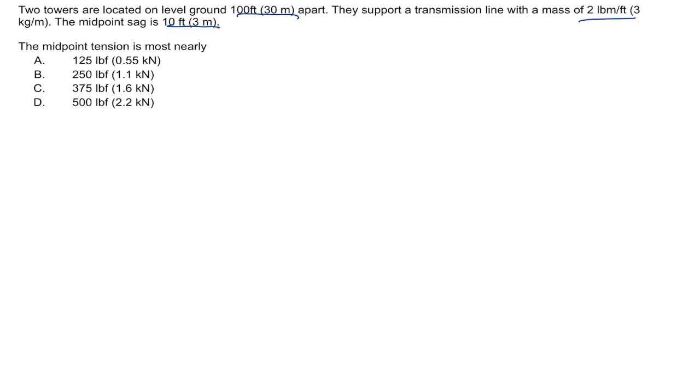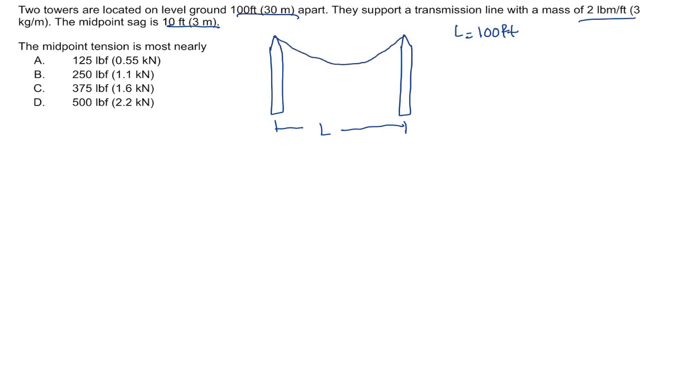So let's draw a little diagram for this. We've got tower number 1, and then tower number 2. They are both 100 feet apart. I'm going to make this length L. So L is 100 feet. Then we've got the transmission line that sags down here.